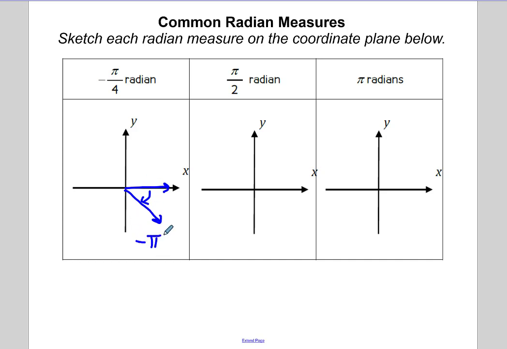Negative pi over 4. A half of a pi would be 90 degrees. In a counterclockwise measure, this is pi over 2 radians. And then pi radians would terminate on the opposite side of the x-axis. That would be 180 degrees. So this is a measure of pi radians.